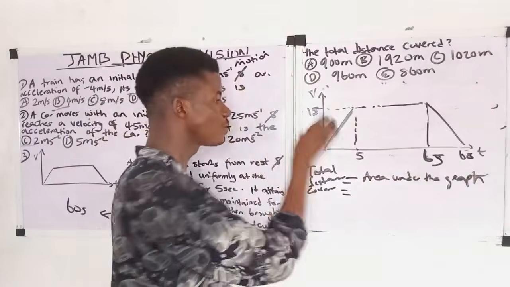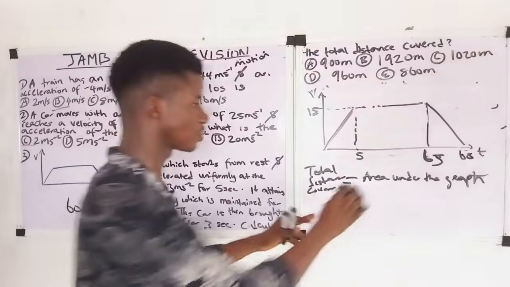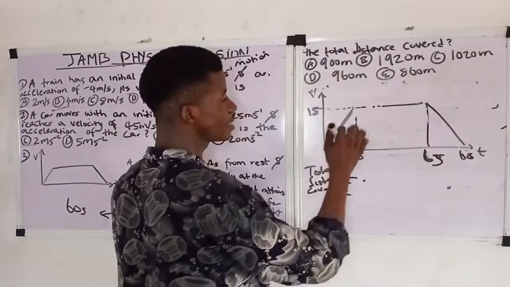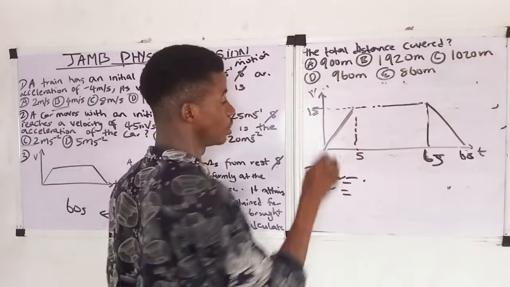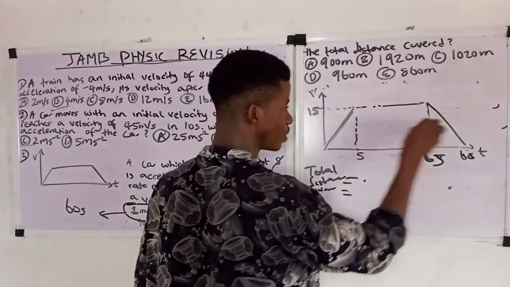Okay, so to look for the total distance, we look for what? There are three shapes here, right? Two triangles, one rectangle. So one triangle, one rectangle, another triangle.